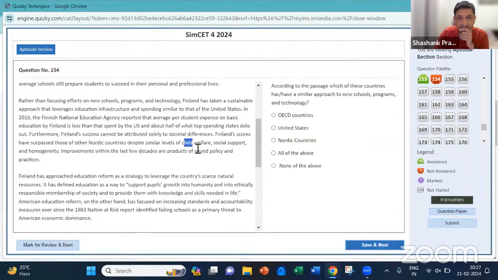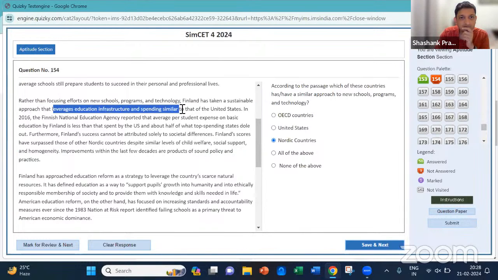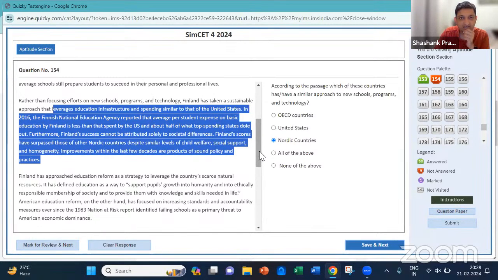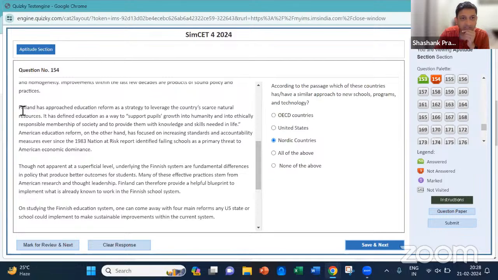This one. Child welfare, social support, and homogeneity. I don't know. Similar levels of this, so I am assuming it is OECD countries. Sorry, Nordic countries. Education infrastructure spending similar to that of the United States. Cannot be attributed to societal differences. Okay, I'll read this a bit because I think this is an important question.